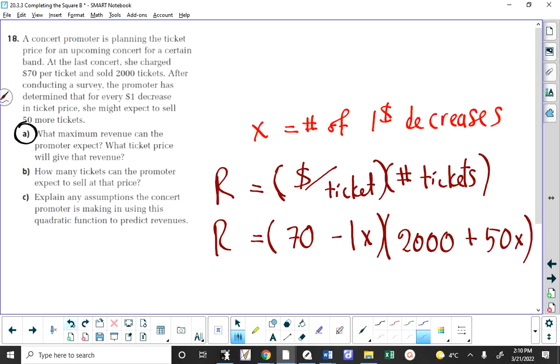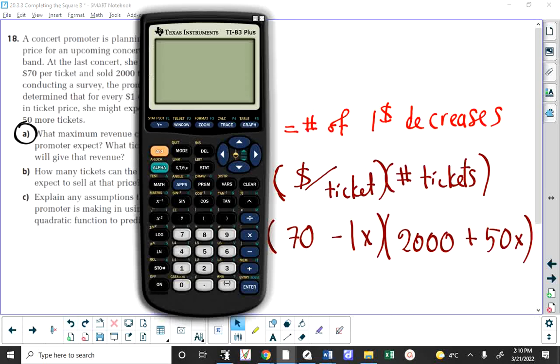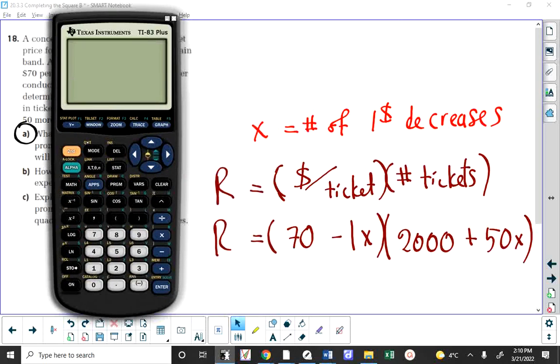And now what we have to do here, everybody, let's assume this is a written response. Because, you know, if it weren't, let's do it on a calculator like it were a multiple choice. And then we'll talk about the written response. I don't need to simplify this before I put it in my calculator.